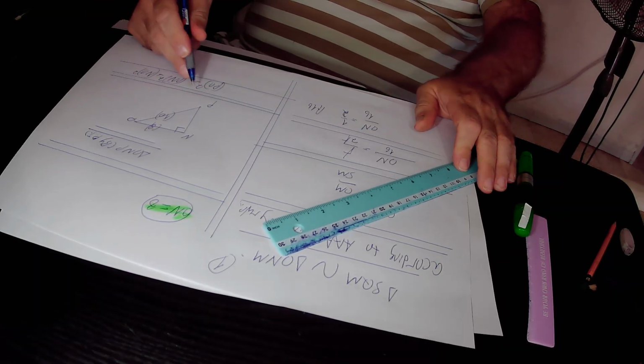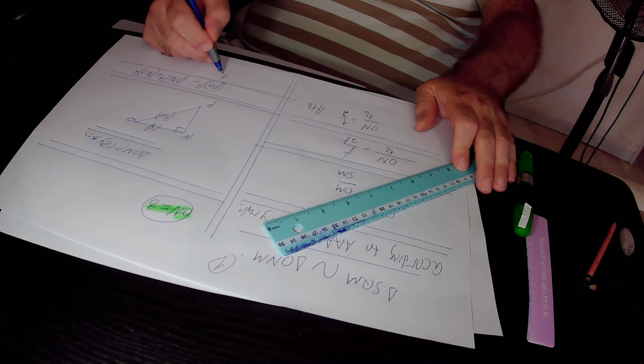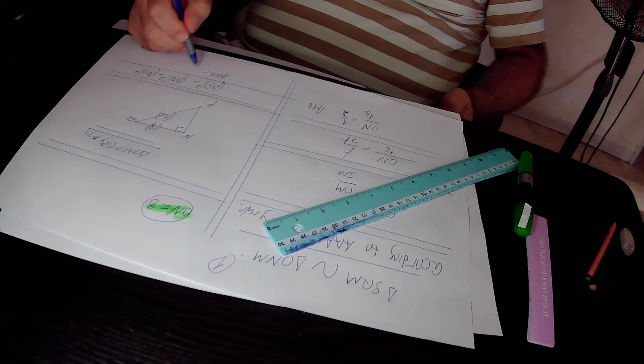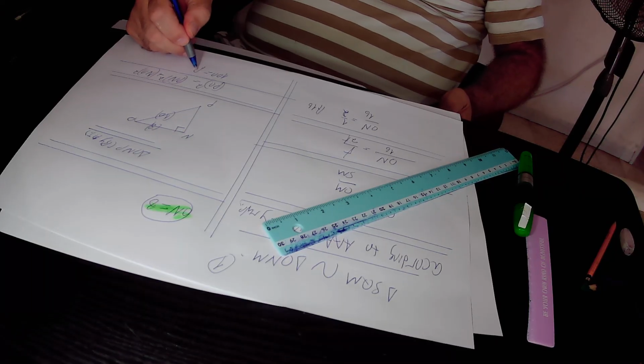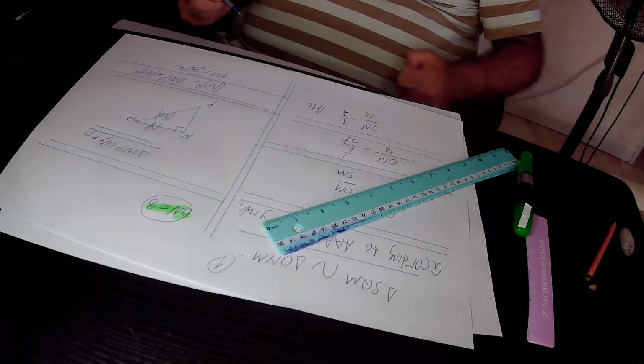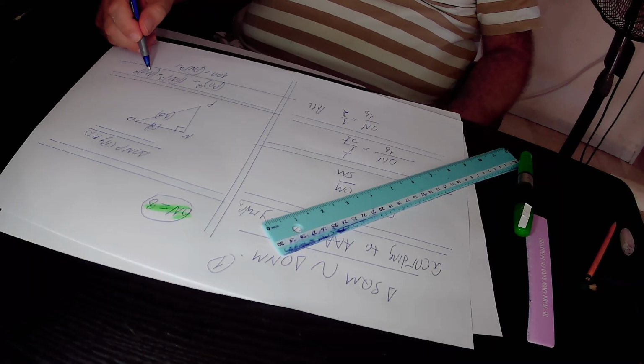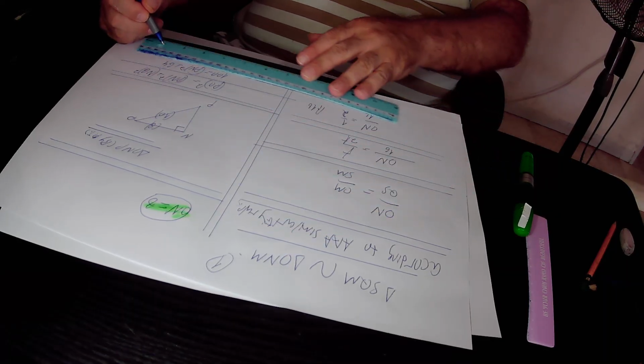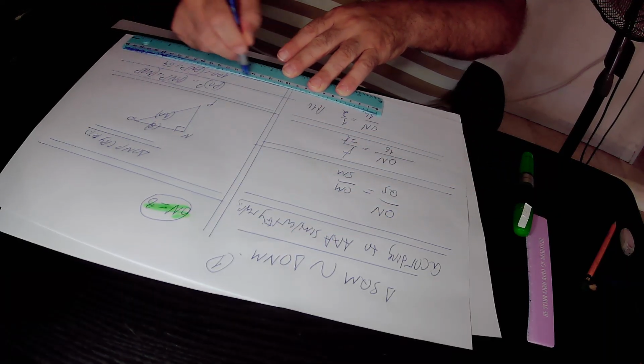PO is 10, therefore PO squared is 10 squared, it is 100, and it is equal to PN squared. PN is the missing side, so we leave it as it is. It's PN squared plus NO squared. NO equals 8, therefore NO squared is 8 squared, it is 64. So in total we find that 100 equals PN squared plus 64.